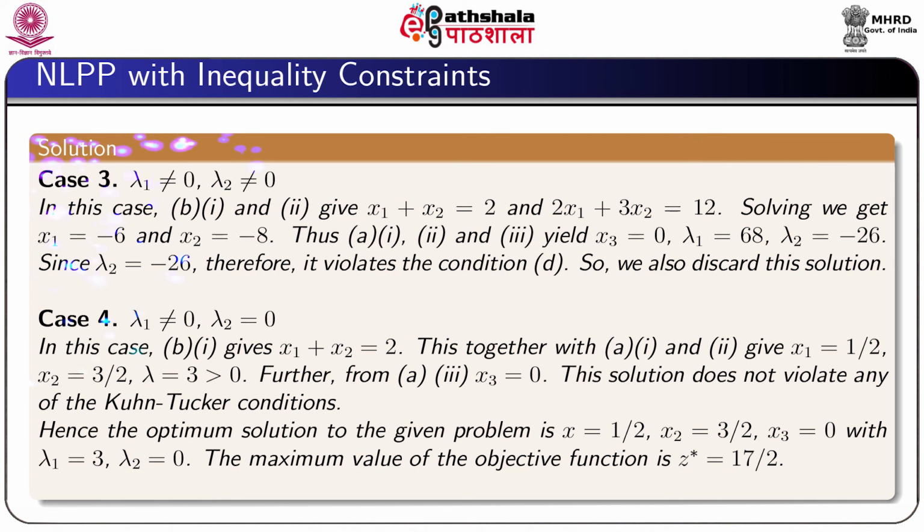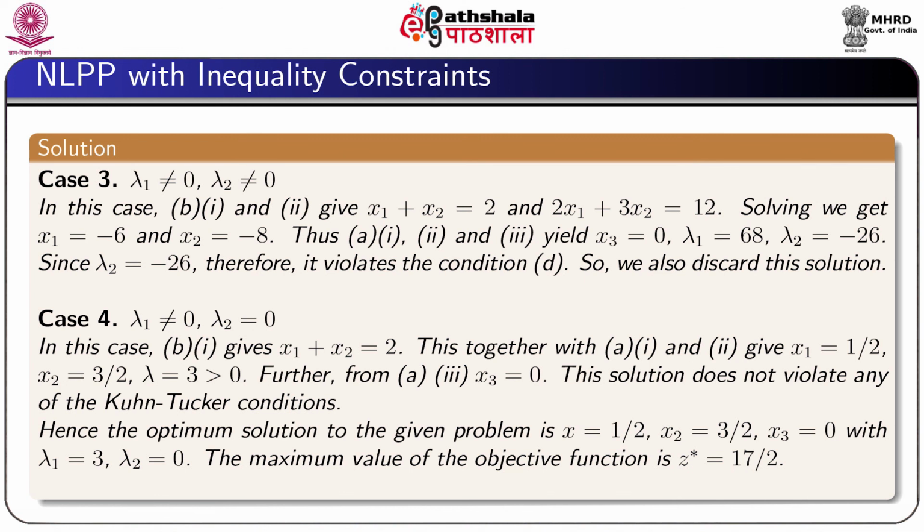Thus, conditions 1, 2 and 3 given in A yield x3 equal to 0, lambda1 equal to 68, lambda2 equal to minus 26. Since lambda2 is negative, it violates condition D.